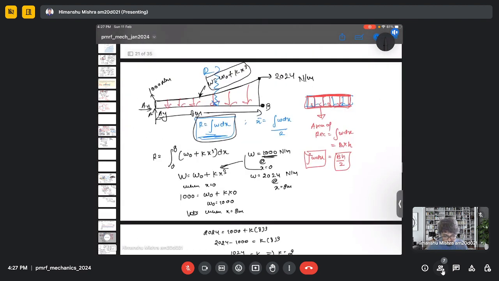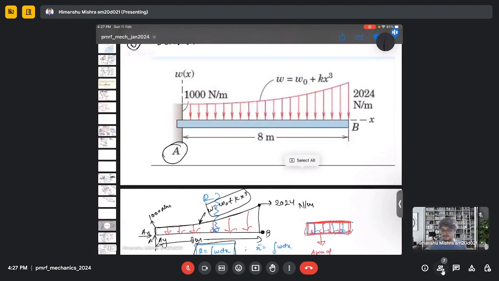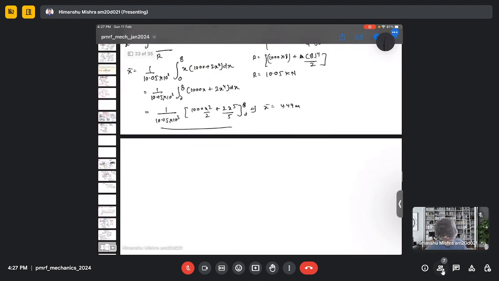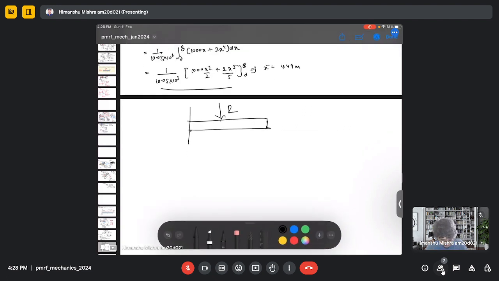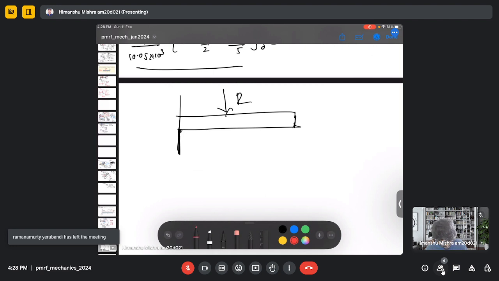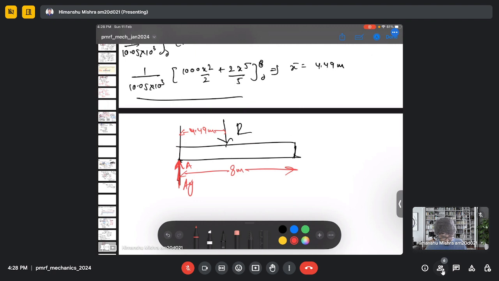So now this whole problem has become very easy, because now there is only one force R and the force at A, and the normal reaction at A. This is 4.49 that we have found here.